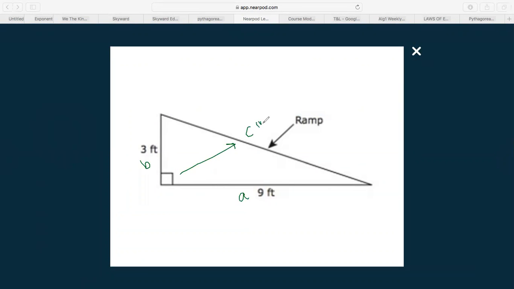Awesome. So first we need to plug in our numbers to our equation. A squared plus B squared equals C squared. So that would be 9 squared plus 3 squared equals C squared. We don't know what that is.